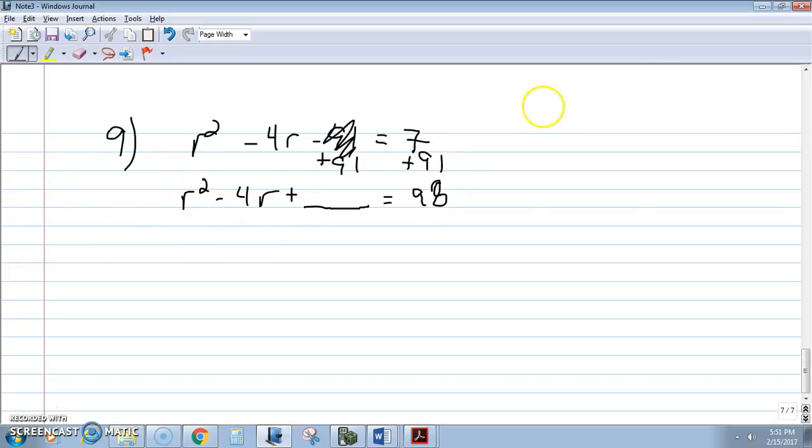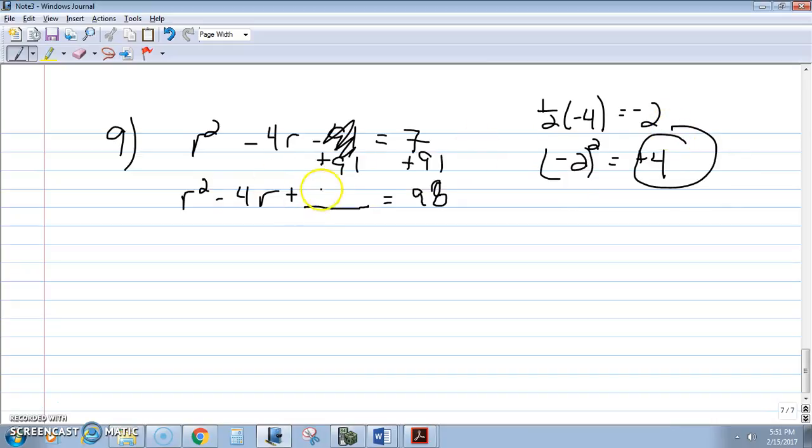Okay. All right, half of negative 4 is negative 2. Negative 2 squared, or negative 2 times negative 2, equals positive 4. So I'm adding positive 4 to both sides. Okay. And this side turns out to be 102.